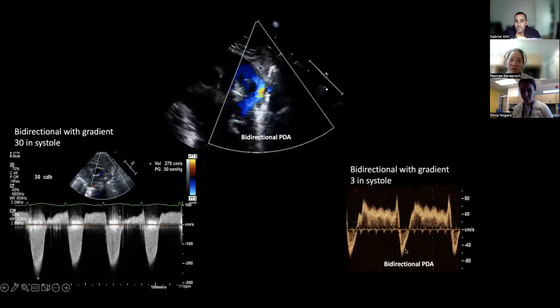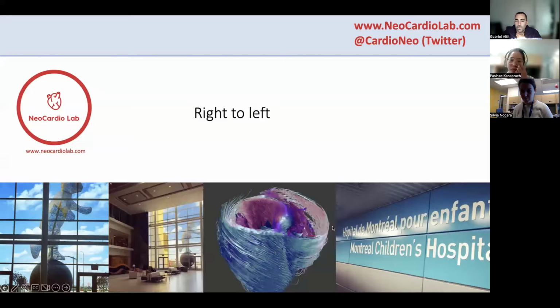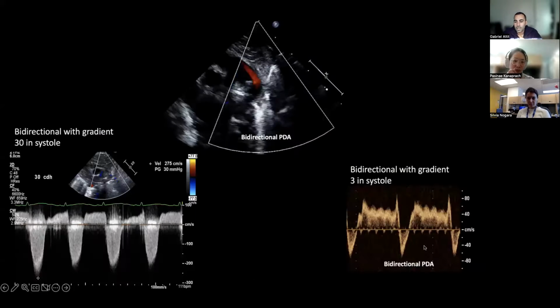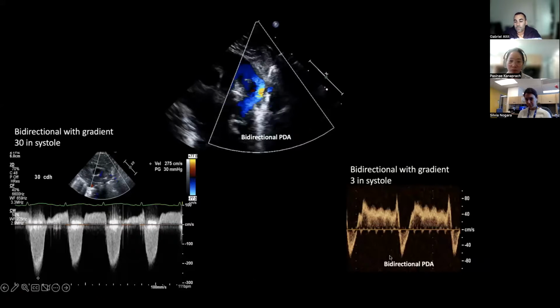But the difference here, you can see the timing you're spending in the right to left portion, like look here, right to left, left to right, right to left. It's almost like 1 to 1 or 1 to 3, I would say, right? Here, look, you're spending almost the entire time of your cardiac cycle left to right. So in this particular baby, I would suspect, could there be a component of just rapid pressure equalization?